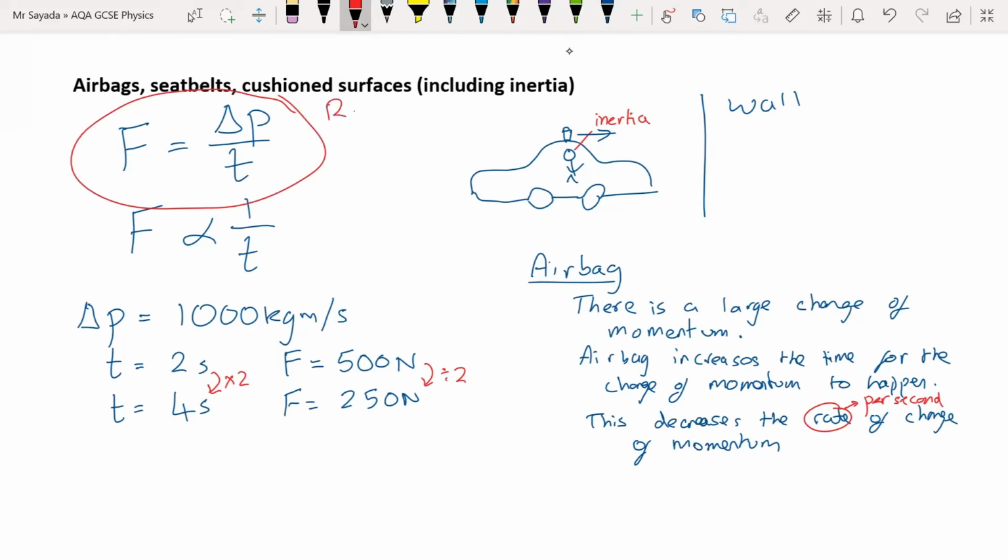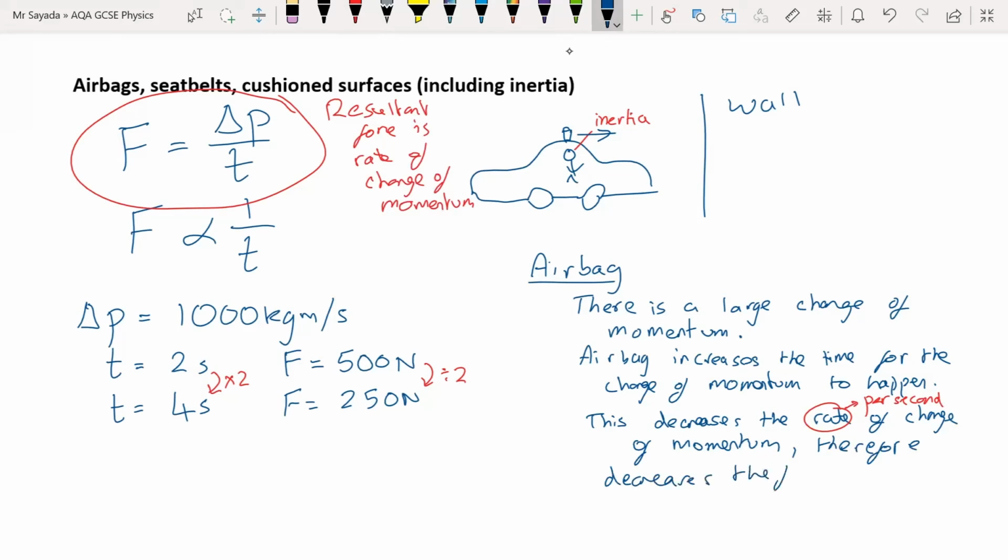In words, this equation says resultant force is rate of change of momentum. So by increasing the time for the change of momentum to happen, you decrease the rate of change of momentum, and that therefore decreases the force. And that reduces the chance of injury and death.